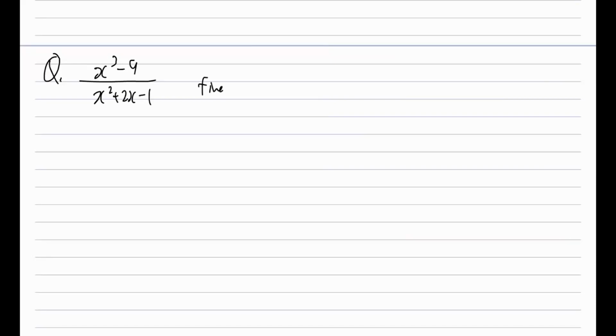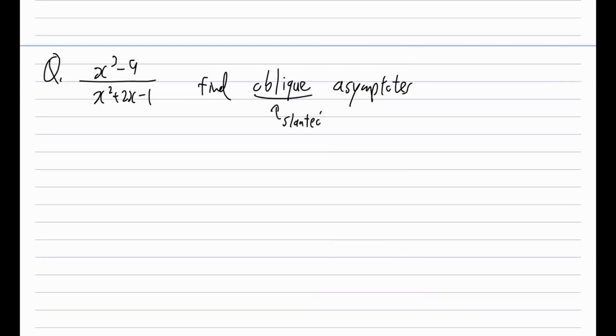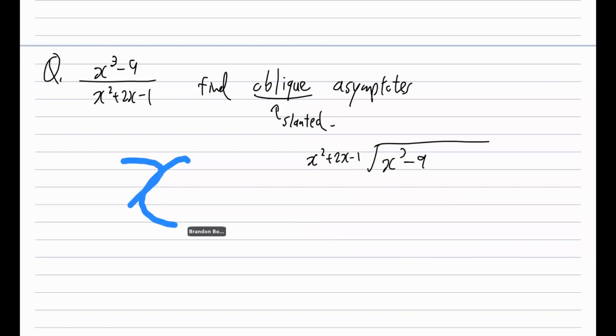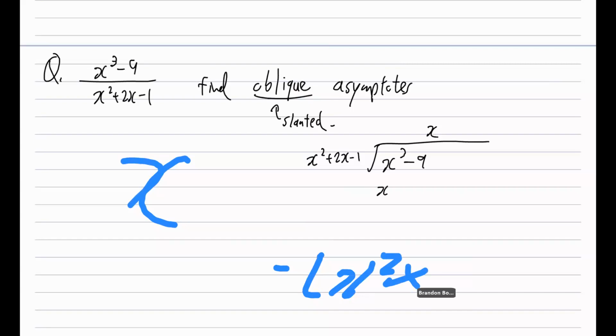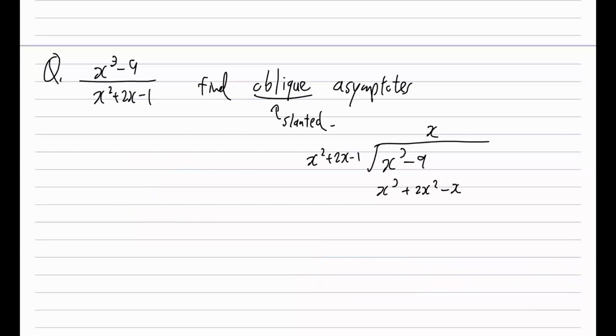Then you want to find the oblique asymptote. Oblique just means slanted. So if you do long division, let's just do it quickly. x cubed minus 9, times x. Minus 9 should be brought over to the right side like this.